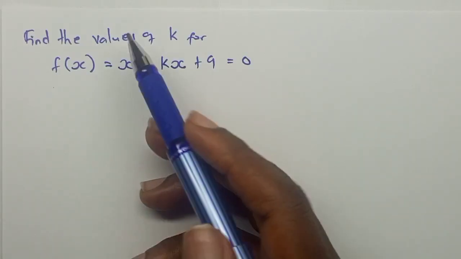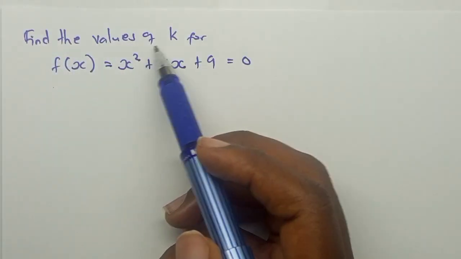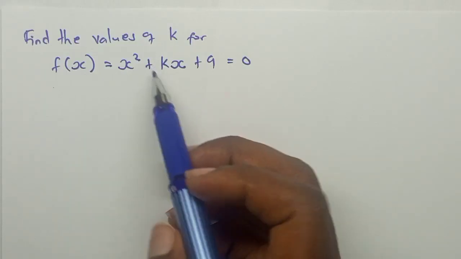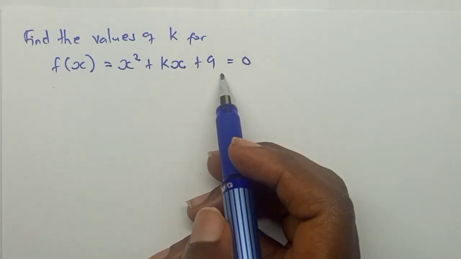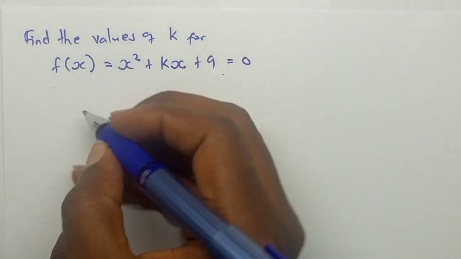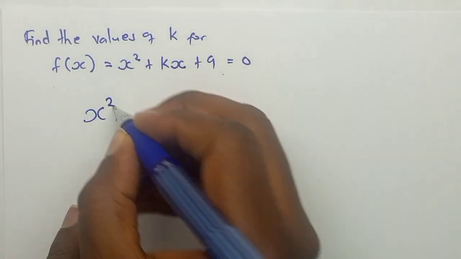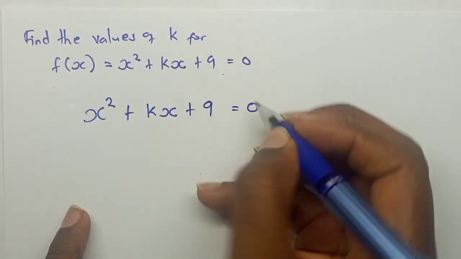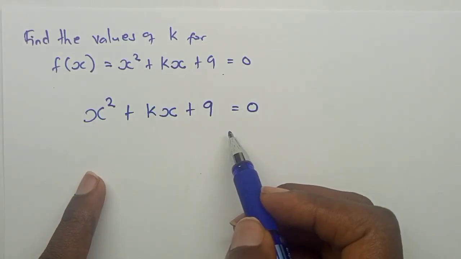Let's look at an example. They've told us to find the values of k if f of x equals x squared plus kx plus 9, which is equal to 0. So we have x squared plus kx plus 9 equals 0. This is our quadratic equation.